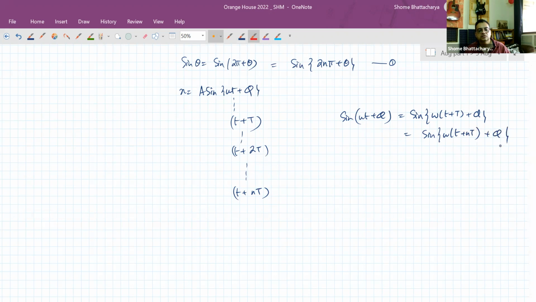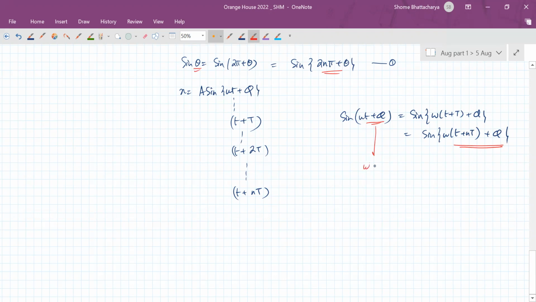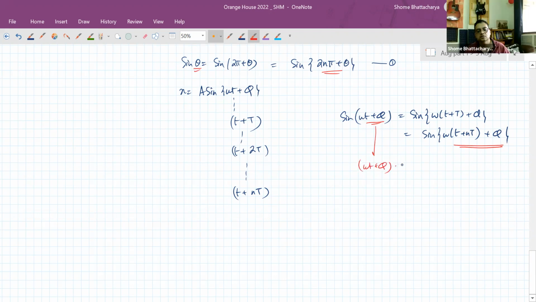Compare this with the standard form. Think of omega t plus phi as theta. So this whole thing, omega t plus omega into nT plus phi, is omega t plus phi taken separately, plus n times omega capital T. So this is my theta and this is now my 2n pi. Got it now?